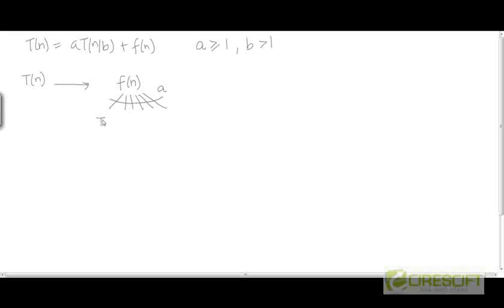Each of the children will be T of n by b. So I'm going to call this value a, which is the number of children each node is going to have, which is also the number of subproblems each larger problem is being broken down into, the branching factor.